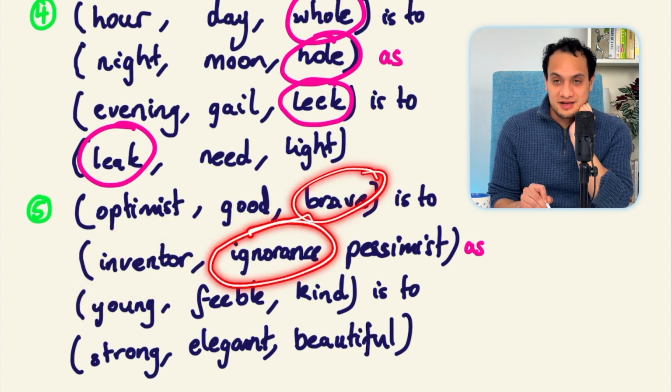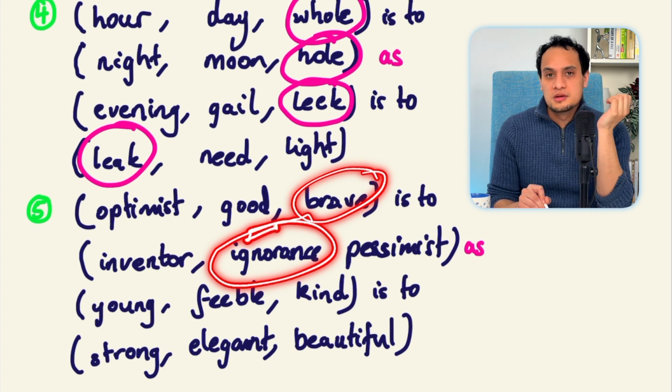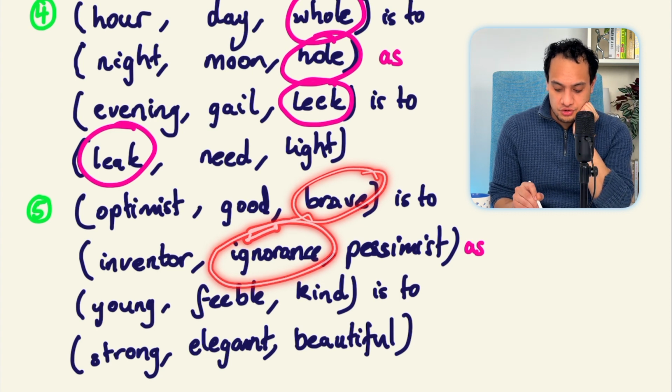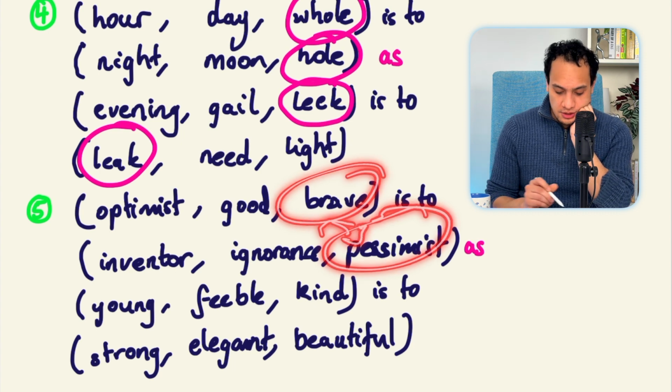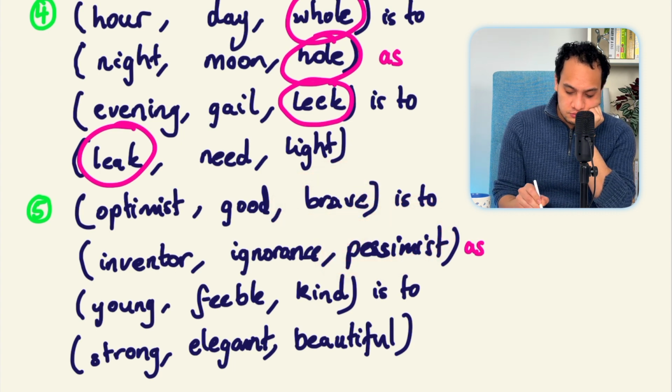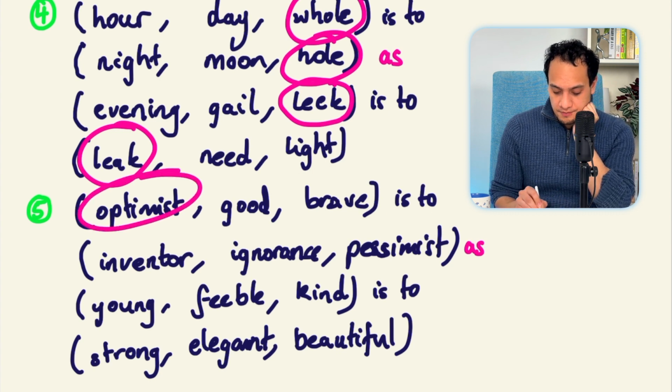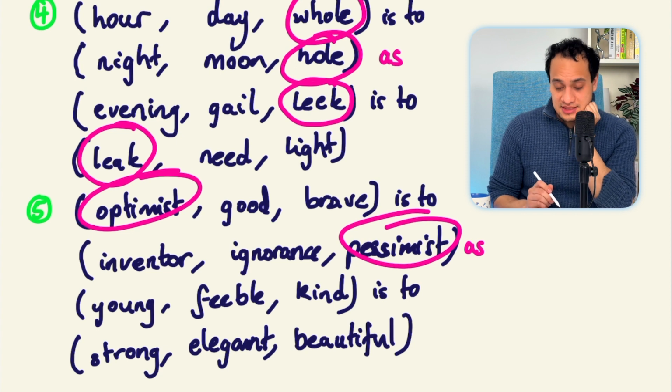You can be brave and ignorant, but also brave and courageous, so brave and knowledgeable. So again, the relationship isn't very strong. And then you've got brave and pessimist, and they don't really go together at all. So the only logical things that fit together are optimist and pessimist. Let's look at the second lot.